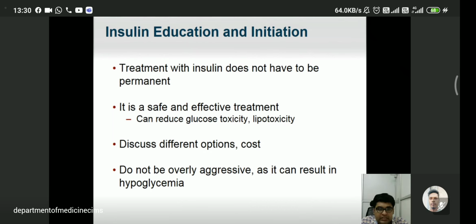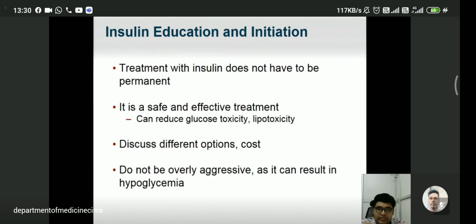It is not that once the patient is started on insulin, he will take insulin throughout life. It is a very safe and effective treatment. Why? Because diabetes is a state of insulin deficiency, and what we have to replace is insulin. So even at present, insulin is becoming more or less the first line drug, along with metformin.